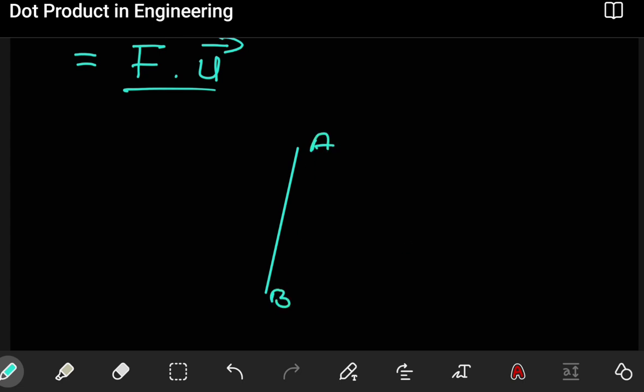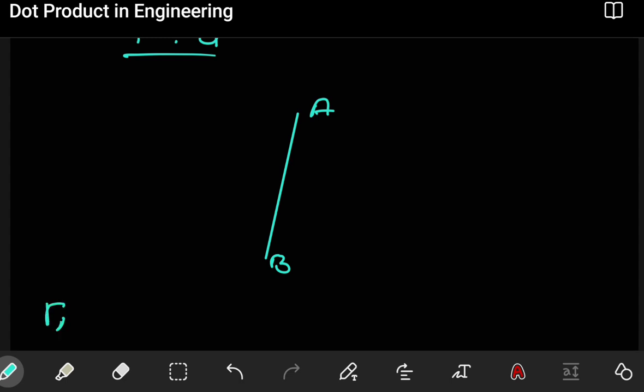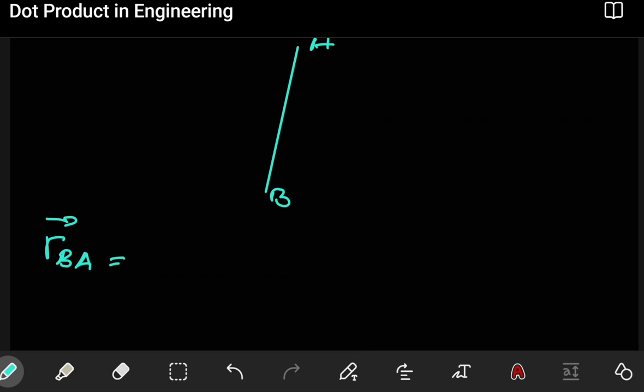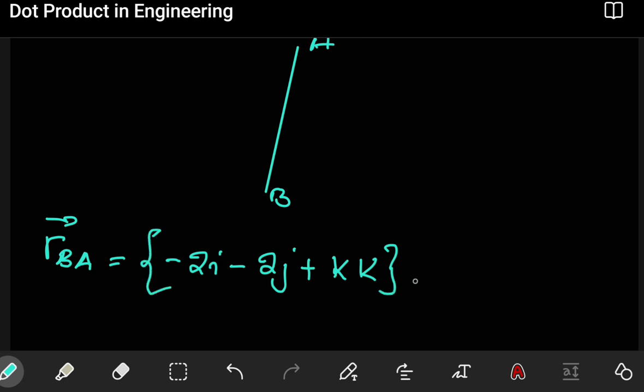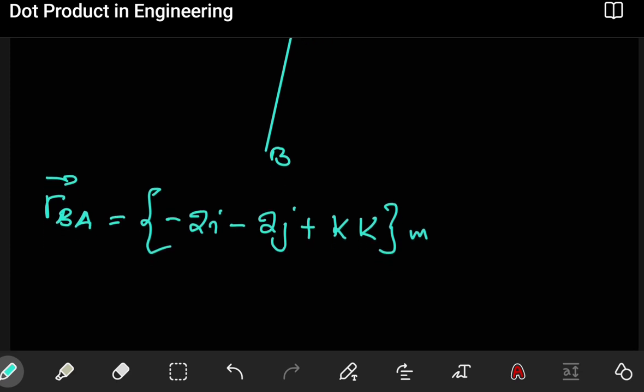And we already got the displacement vector from B to A. In the previous calculation, we got that as minus 2 in the i, minus 2 in the j, plus 1 in the k direction. Since this is where we want the projection to be made, we need to get a unit vector, not the displacement vector, but a unit vector pointing in this direction.